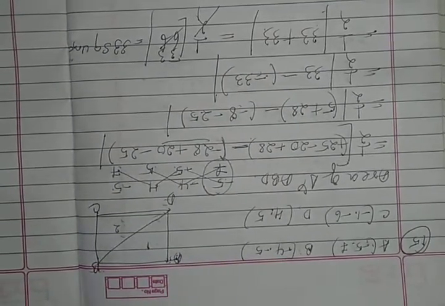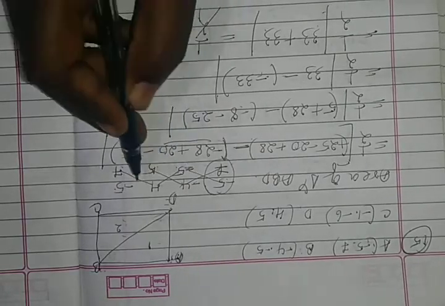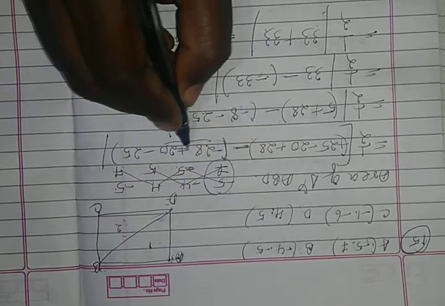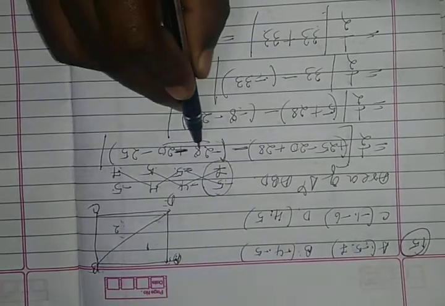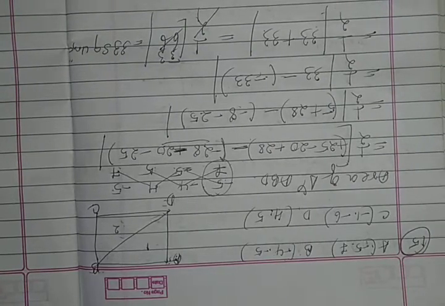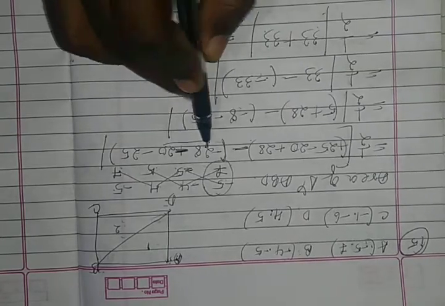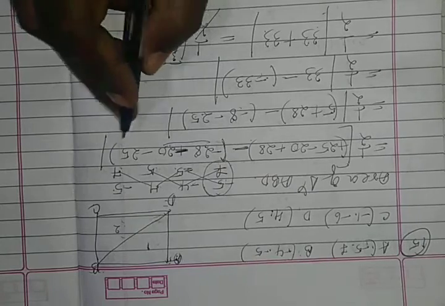Children, here there is a small mistake. See, minus 5 and 4 minus 20. This is not a plus 20, it is minus 20. So minus 20, minus 28 and minus 25. All the numbers are minus, so we have to add all the things. 28 plus 20 is 48. 48 plus 25 is 73.